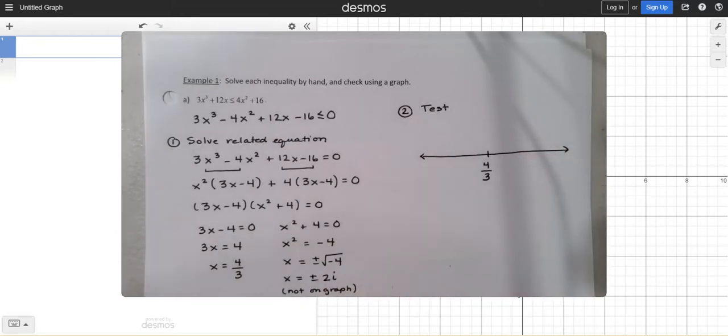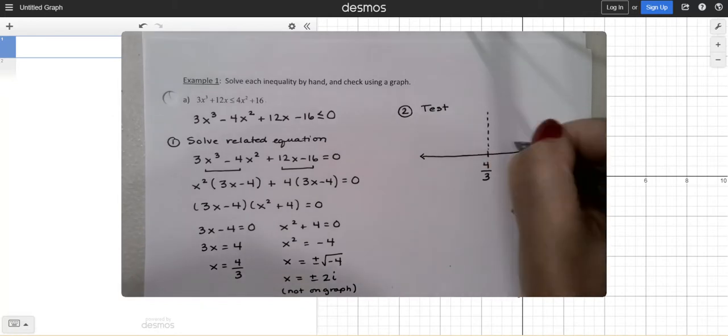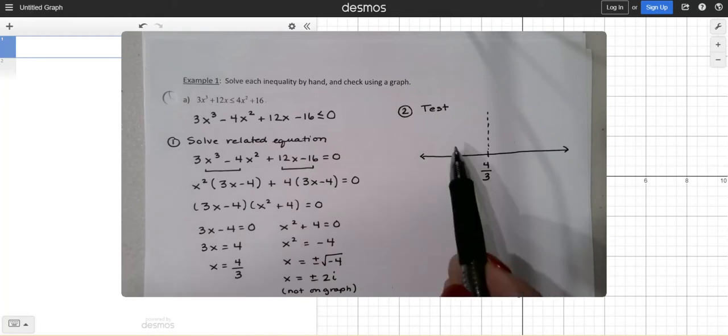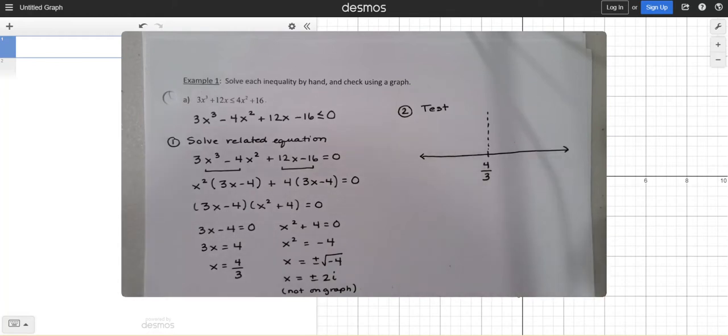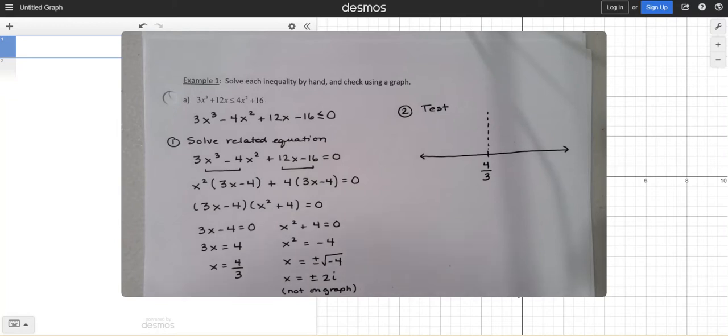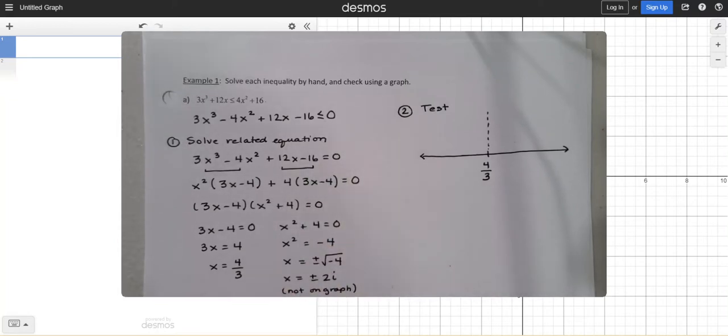And I'm going to say that with only one 0, it kind of divides it into 2 sections. That's all. Okay? So I'm going to test one value in each section because everything in each section either is truly less than 0 or not, either true or false.